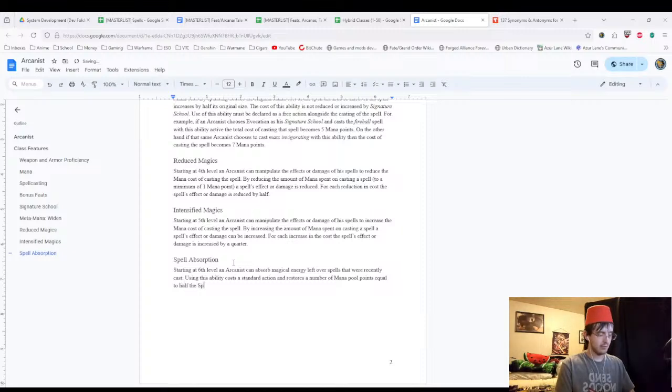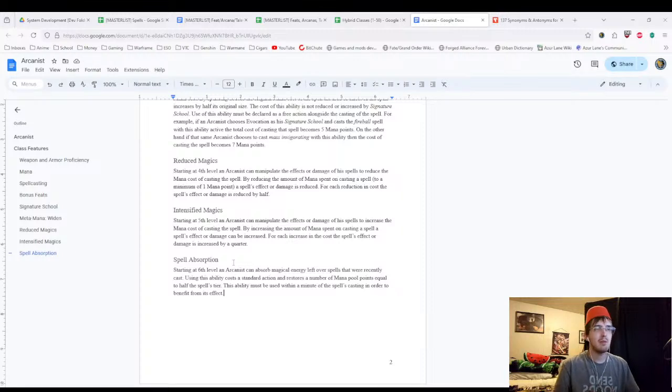I spelled minute, I think. This ability must be used within a minute of the spell's casting. So basically, this is just a mana restoration thing that they can do.